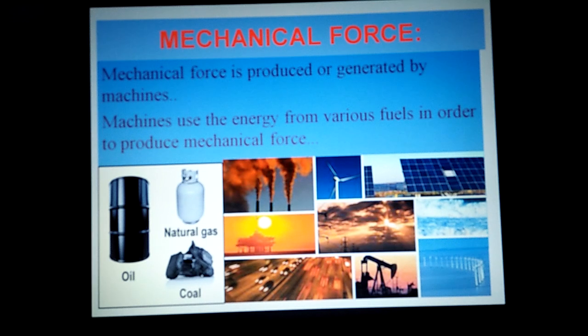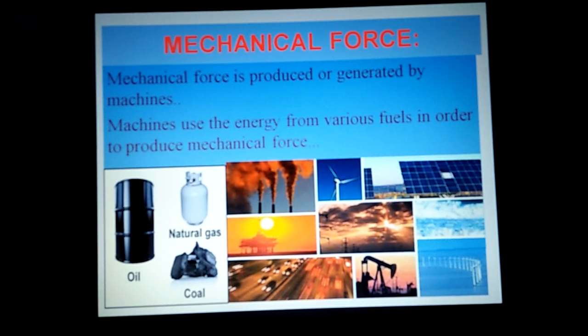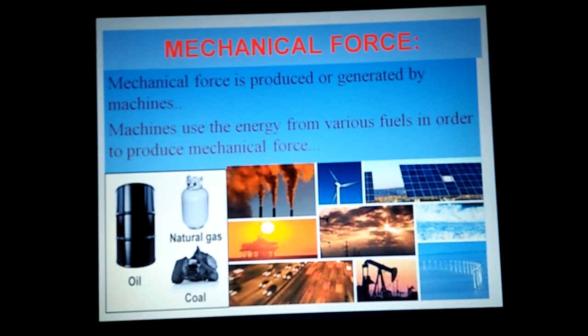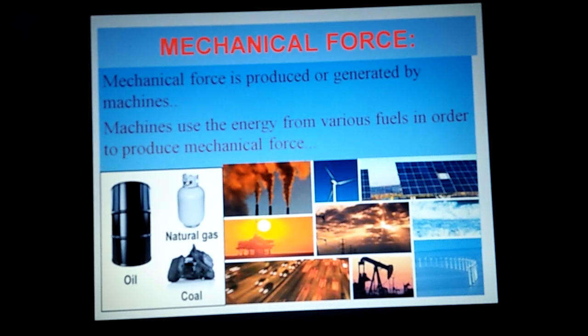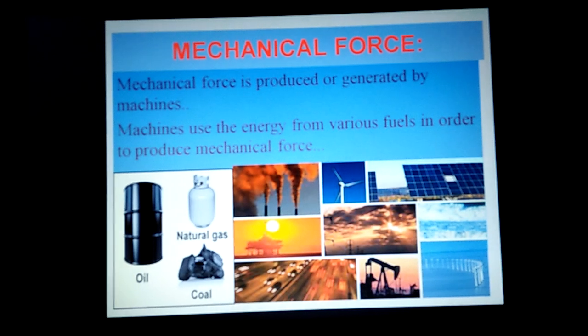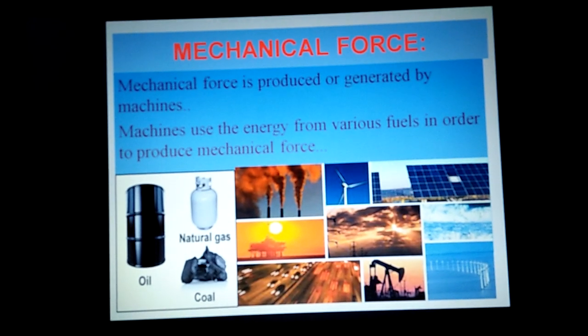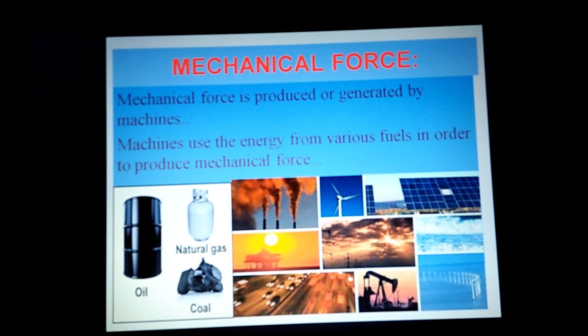Now remember one thing, these complex machines like the cars, like the vehicles, like so many other things, ships, then submarines, then your aeroplanes, all of them run on fuels, and so they are applying mechanical force. But what about the simple machines like a knife, like a hammer? All these are simple machines, they make our work easier.